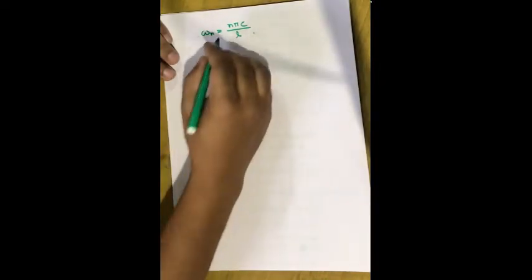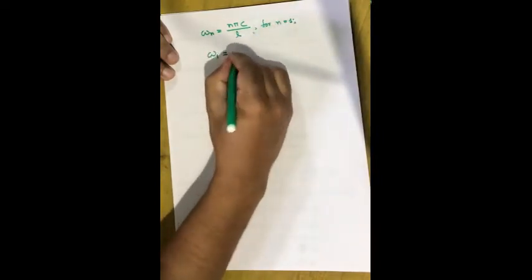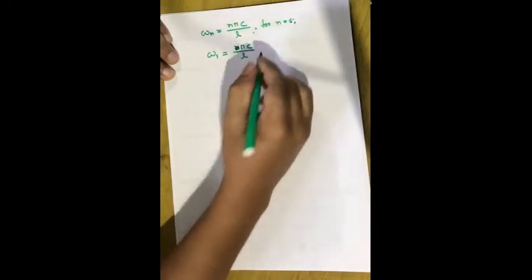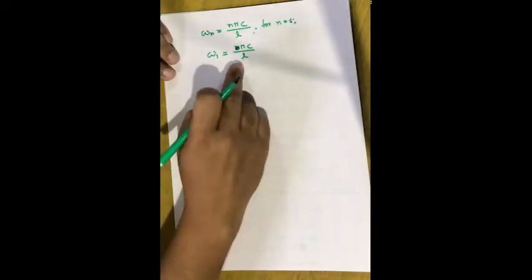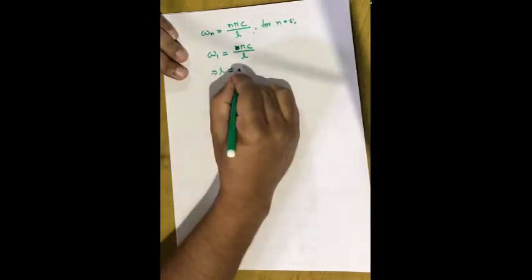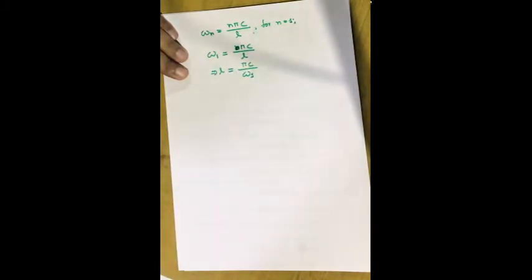For n is equal to 1, that is for the first harmonic, omega 1 should be equal to pi c over L. This is the value of omega 1. So length L is equal to pi c divided by omega 1.